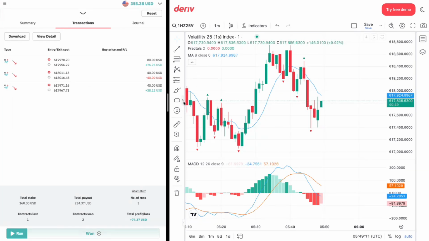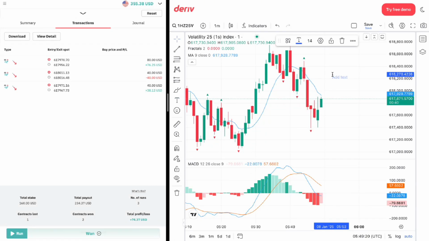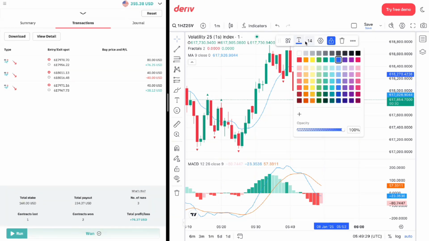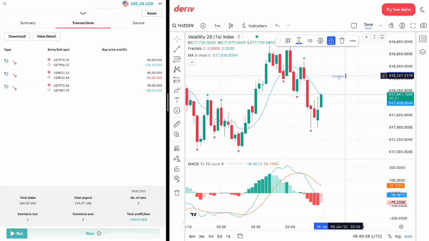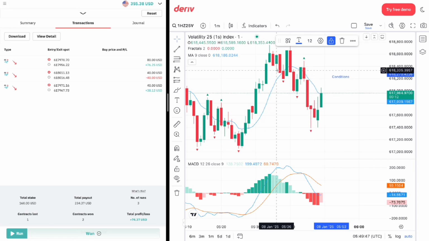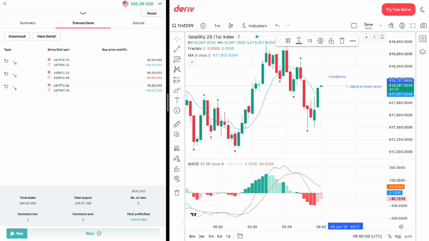So let's come back to this. As I was saying, the conditions that you need to look for are as follows. 1, MACD to show strong rise or fall. 2, a William fractal, or a candlestick pattern.